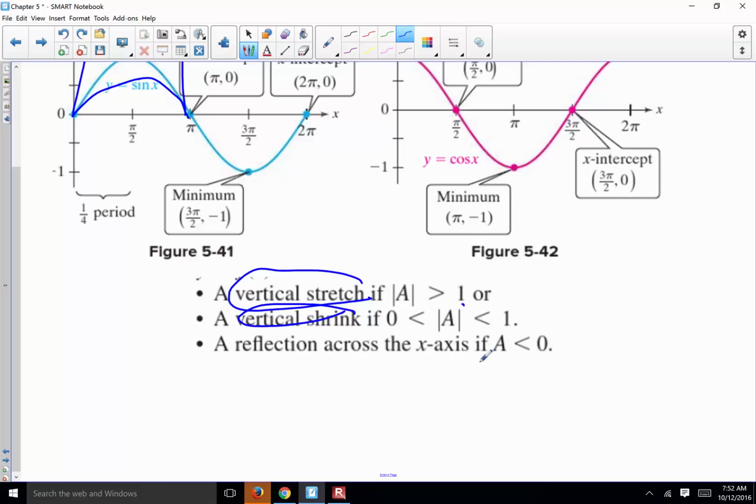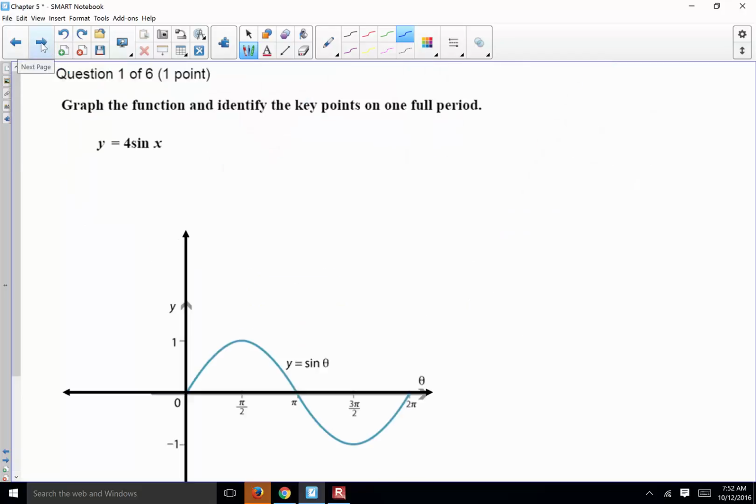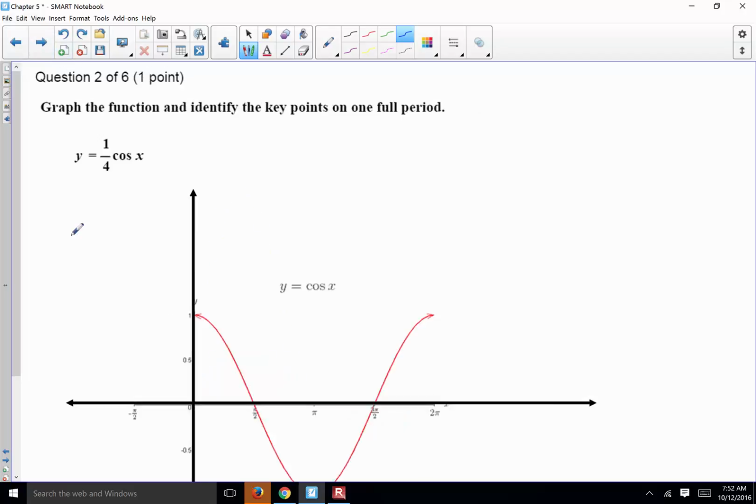And if it's negative, you need to flip across the x-axis. Alright, we graphed this. It was just really high up here like that. And this was really tiny like that because of the 1 over 4.